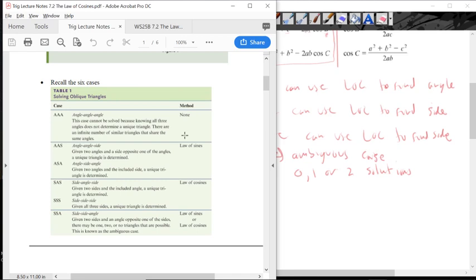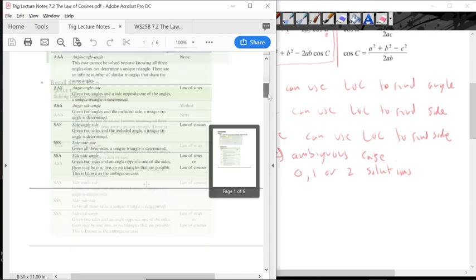And then consider, if you can use the law of sines, you should be able to determine an angle measure and the side length opposite that angle measure pretty easily by the use of your diagram. That's what's going to determine whether the law of sines is applicable. If you cannot use the law of sines, then it may be that the law of cosines is what you're going to have to do.